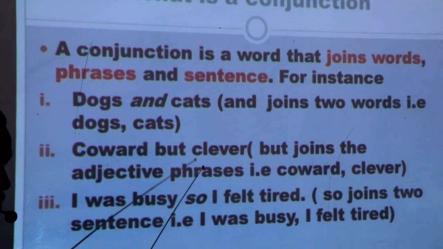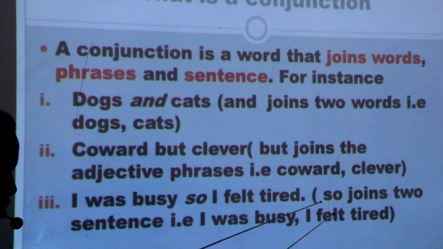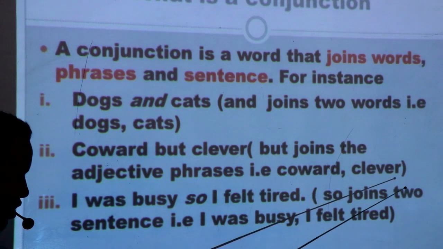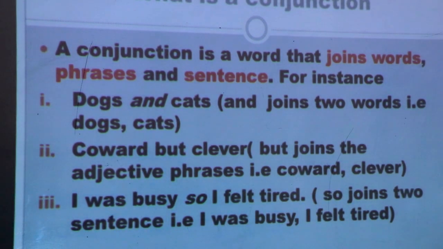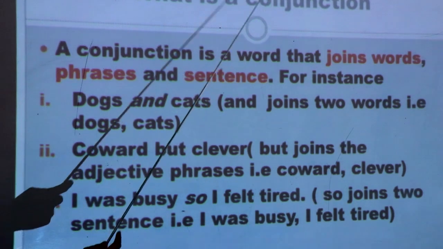So is a conjunction which joins two sentences. Where are the two sentences? I was busy, that's a full, complete sentence. And another sentence is I felt tired. Those are two complete sentences joined by a conjunction.